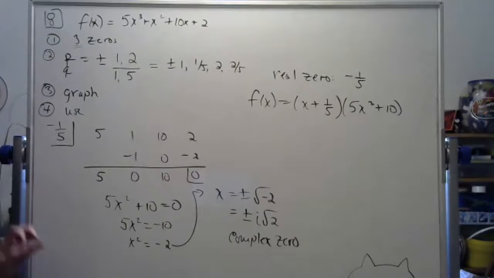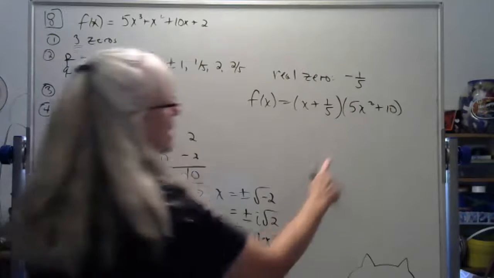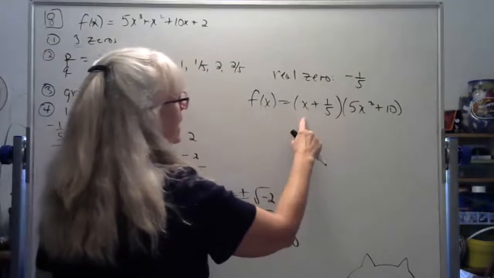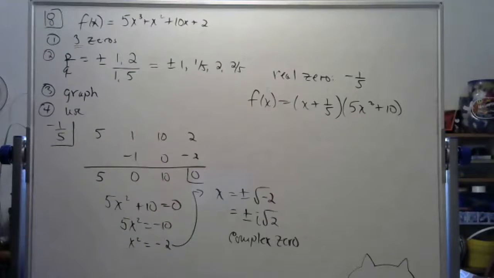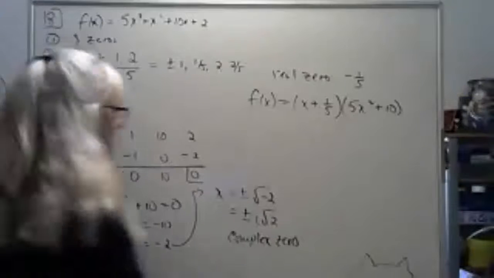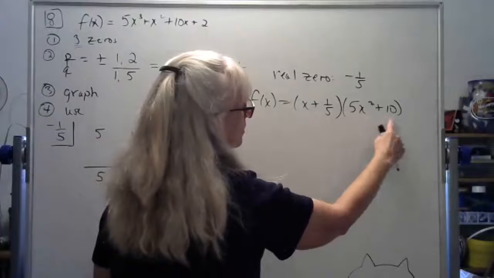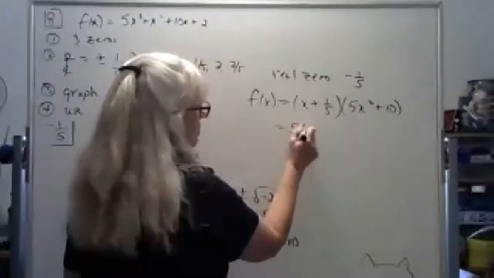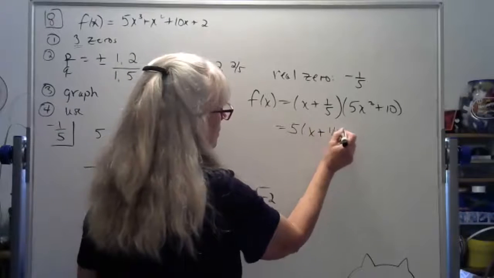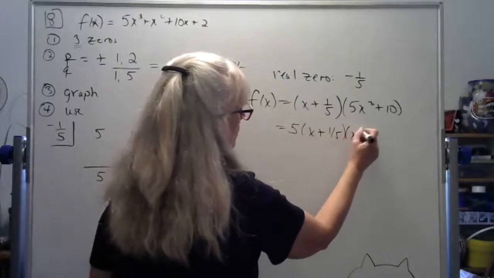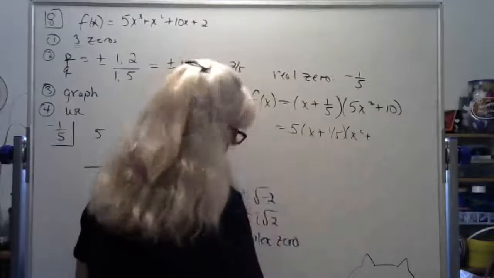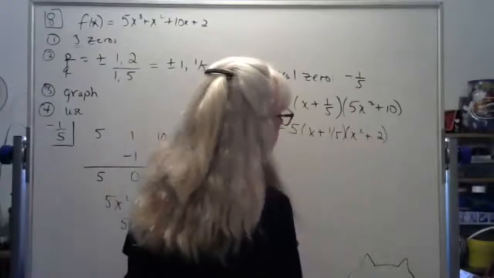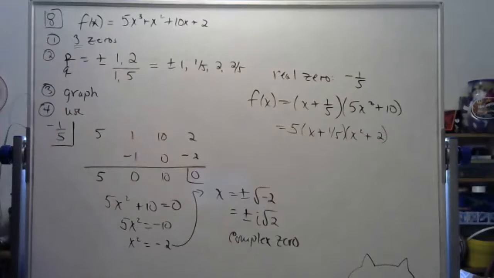Okay, and if I FOIL this back out, doesn't that 5x squared times that x give me my 5x cubed? However, this guy down here, we know that we can pull a 5 out of it. So I'm going to pull the 5 out and call it x plus 1/5 times x squared plus 2. So in other words, I'm doing whatever factoring I can do and still leave things looking nice. So there it is. Woohoo!